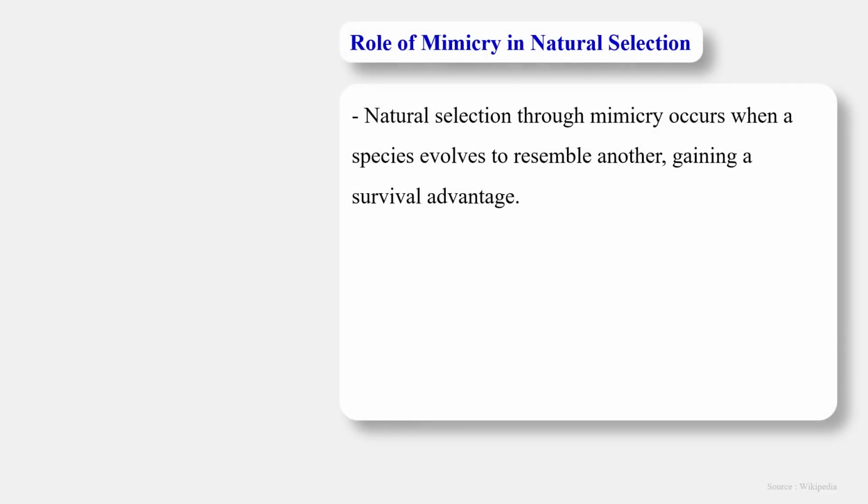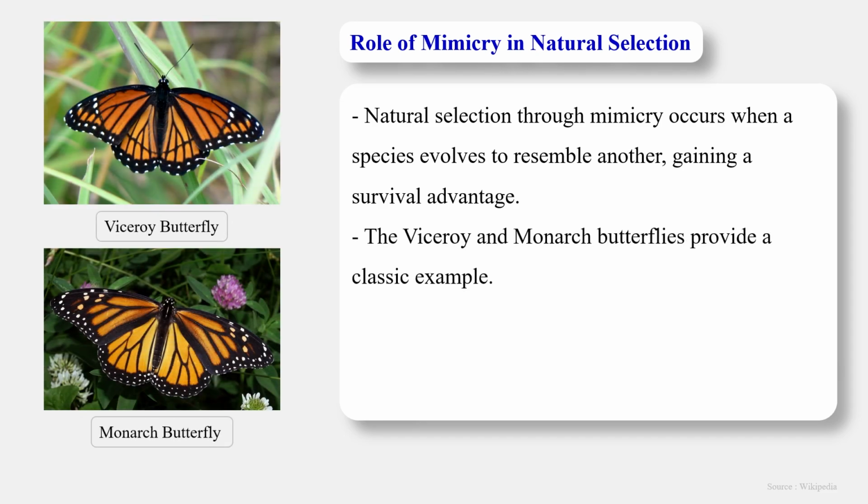Now, the role of mimicry in natural selection. Natural selection through mimicry occurs when a species evolves to resemble another, gaining a survival advantage. You can see there are two pictures. One picture is a viceroy butterfly, another is a monarch butterfly.